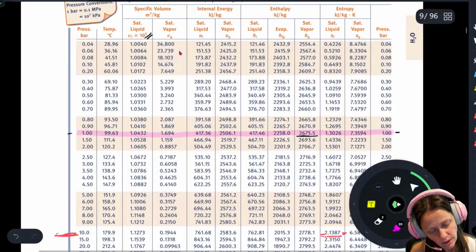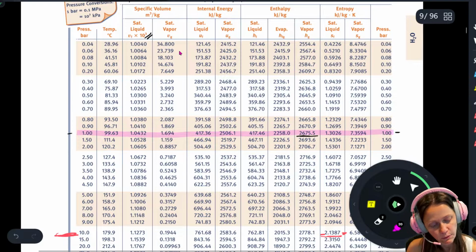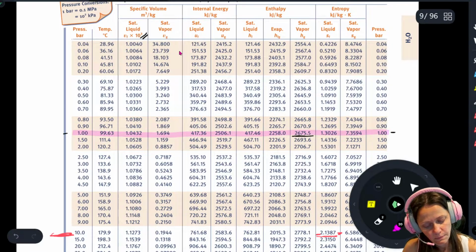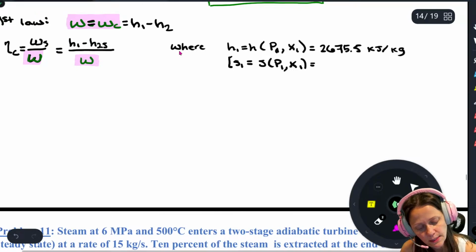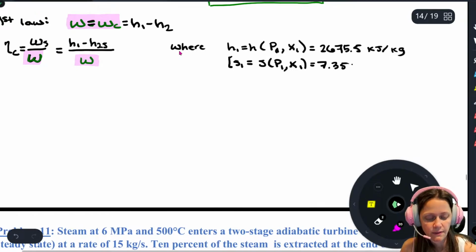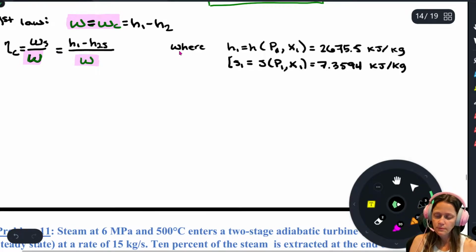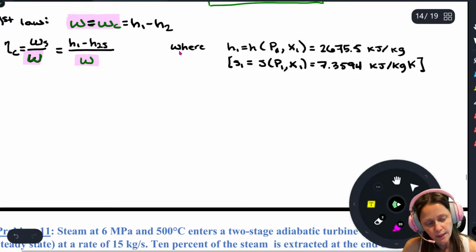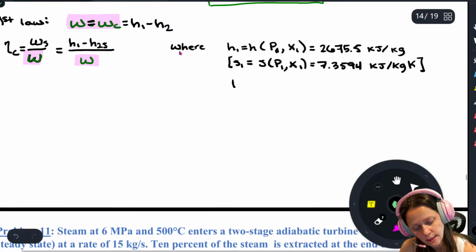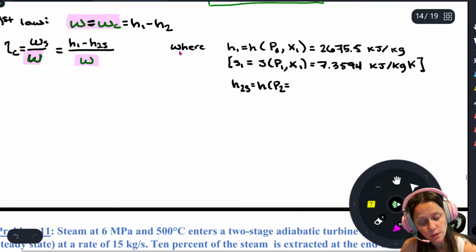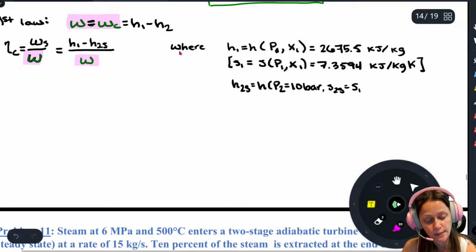It's going to be the S sub G value, 7.3594 kilojoules per kilogram Kelvin. And H2S is equal to H at P2 of 10 bar and an S2S that's equal to S1.